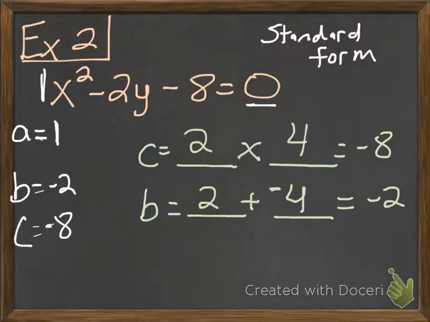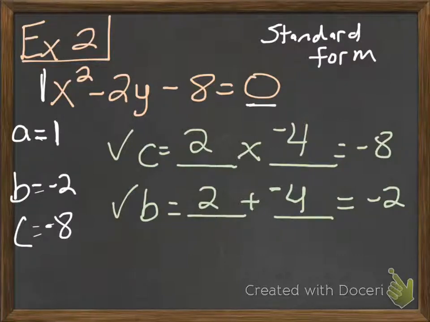We'll say 4 is negative. If I took 2 plus negative 4, that gives me negative 2. That makes a true statement. If I make 4 negative here, 2 times negative 4 is negative 8. Okay? From there, I have my factors of negative 8.